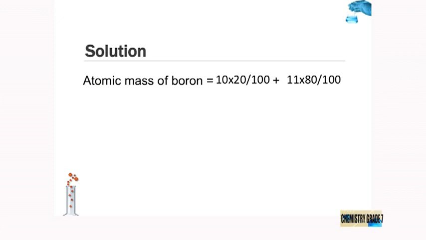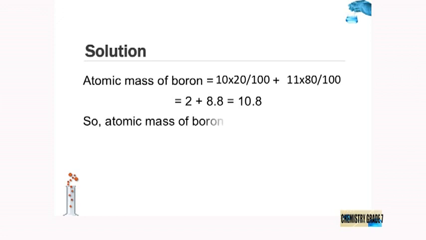Then, we take the mass times the abundance of the second isotope. So 10 times 20% plus 11 times 80%. That is 2 plus 8.8, which is equal to 10.8. So the atomic mass of boron is 10.8.